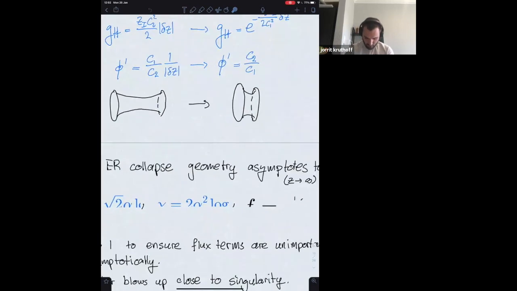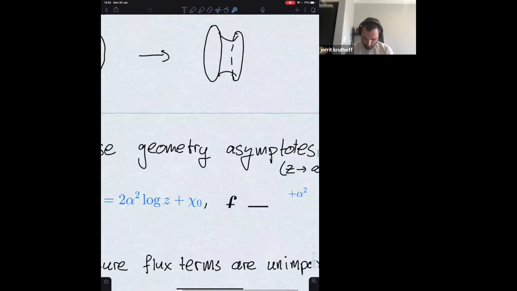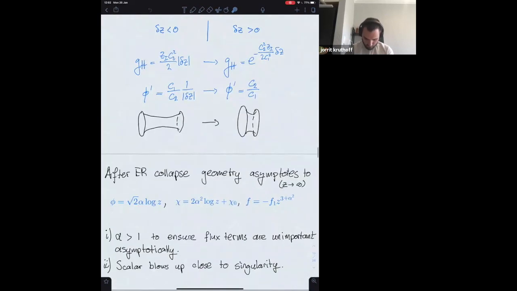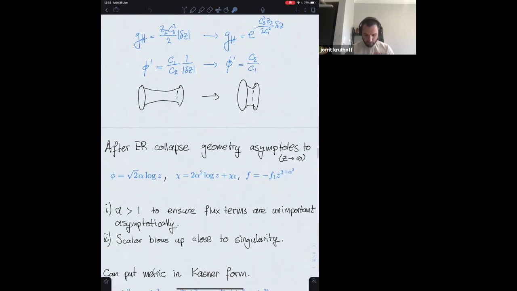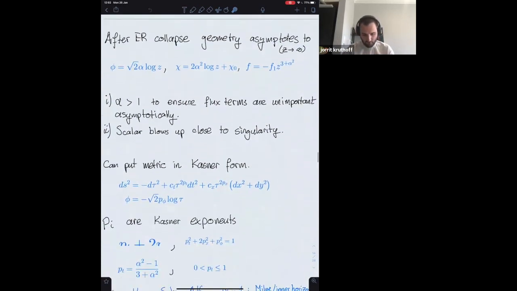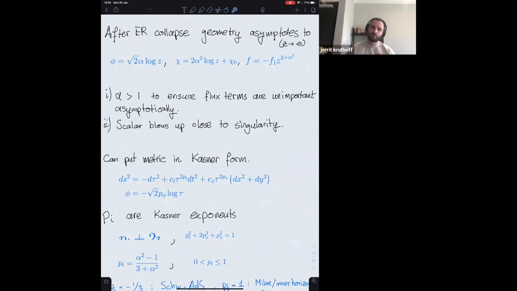Now, okay, so now we are past the Einstein-Rosen bridge collapse, and after this, the geometry asymptotes to the Kasner universe. The Kasner universe is basically as follows. So the scalar field has a logarithmic behavior, and these chi and f functions.